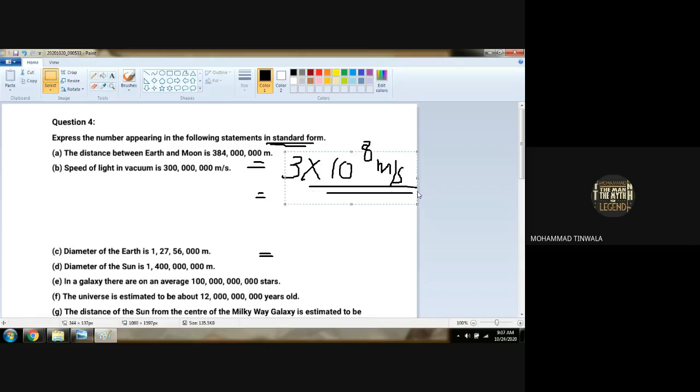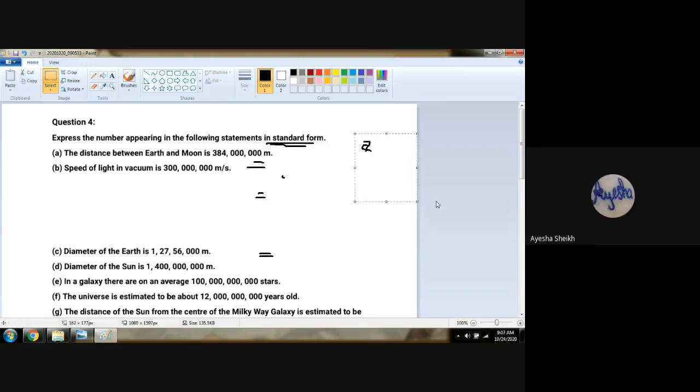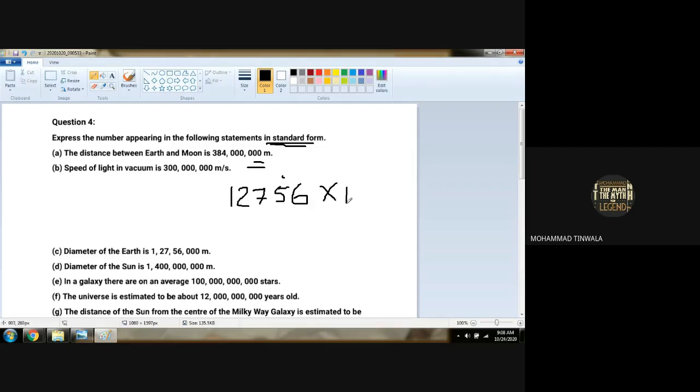Okay. Chalo. Diameter of Earth is 1,27,56,000 meter. કેમ આમ વાંચે બેટા? So can I say that first I want to take the number aside, 12756 into 10 raised to the power 3. 000 છે એટલે. This is the first step.